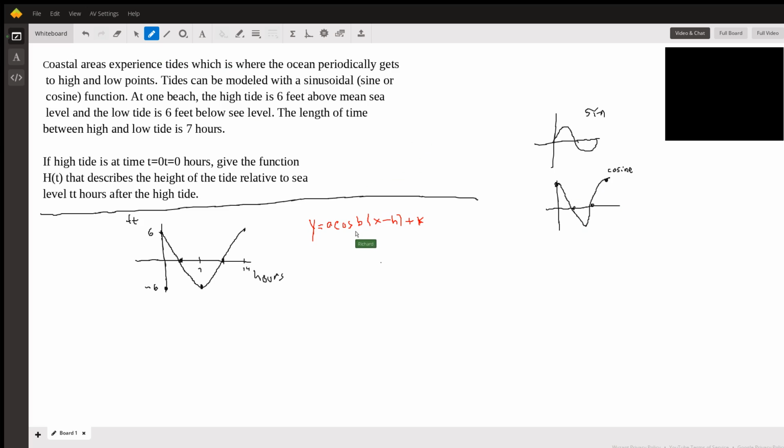Now, this is the general form of the cosine equation. A is the amplitude, B is the period, H is the horizontal shift, K is the vertical shift.